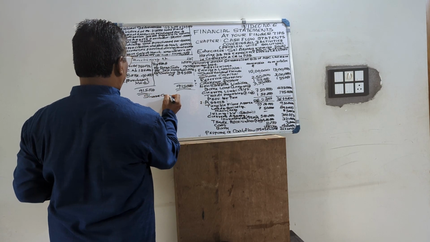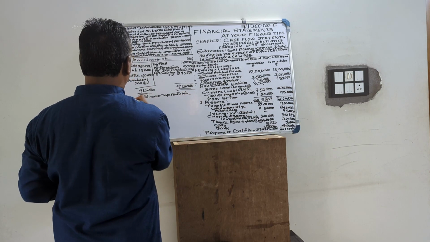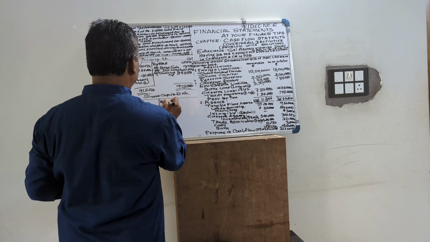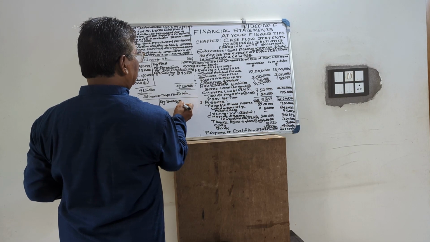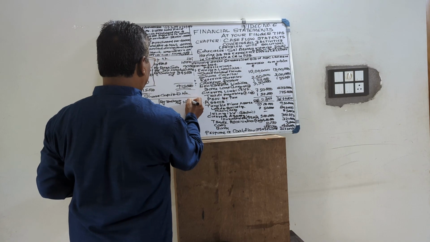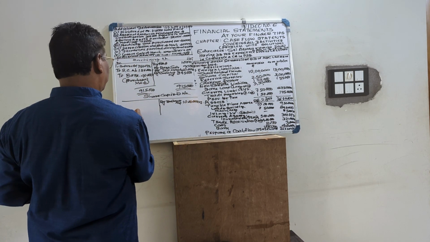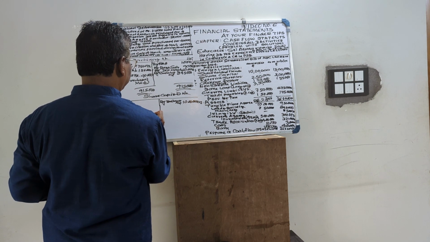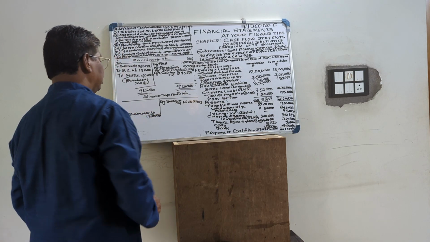Then already share capital you can do like this. Share capital account. Share capital is a liability, it is a credit balance, so write by balance brought down. By balance brought down, it was 10 lakh, then to balance carried down, it is 13 lakhs.